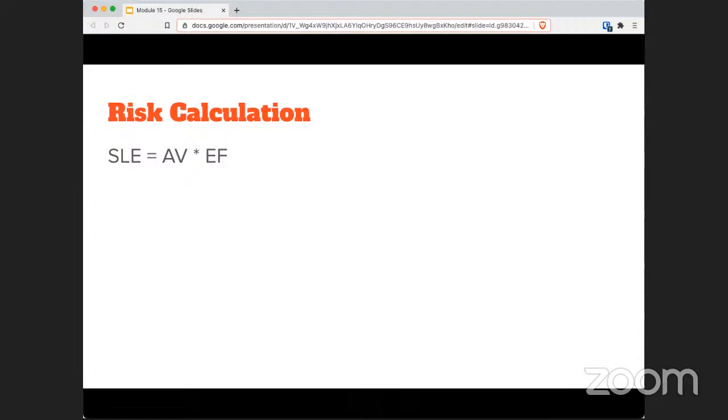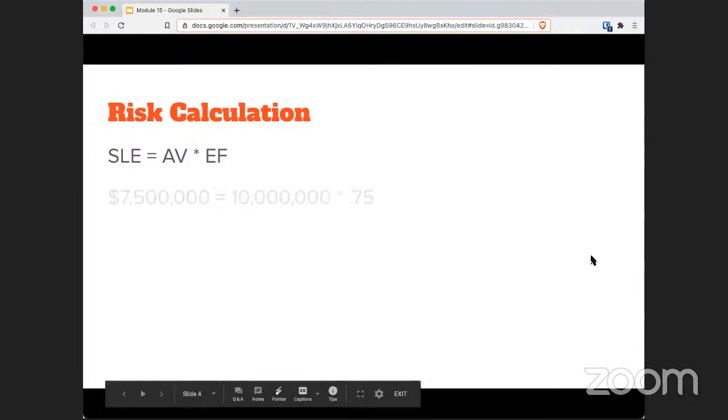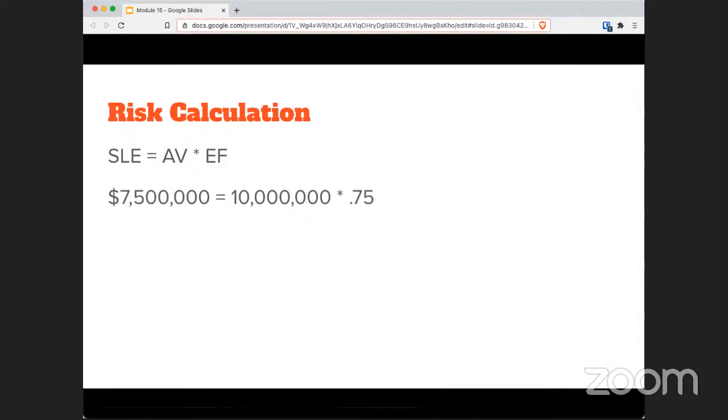For example, if a building with a value of $10 million, of which 75% is likely to be destroyed in a tornado, that means the SLE is $7.5 million. That would be the single loss expectancy for a $10 million building where we know 75% of it will likely be destroyed.